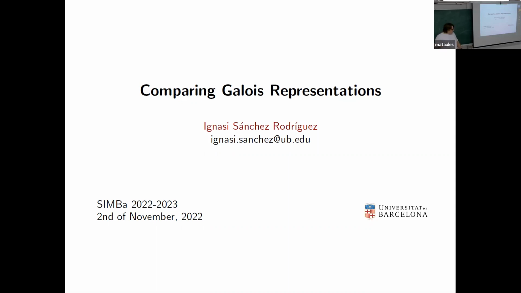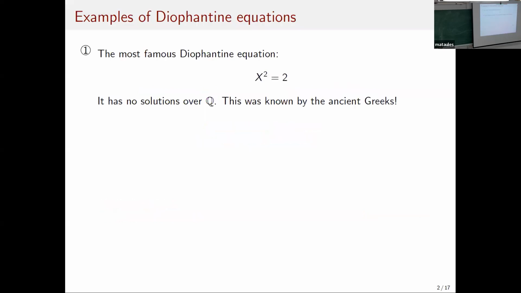Okay, so let me start by saying that what we study is Diophantine equations, of course. Let me start with a really simple example, this Diophantine equation, x squared equals 2.